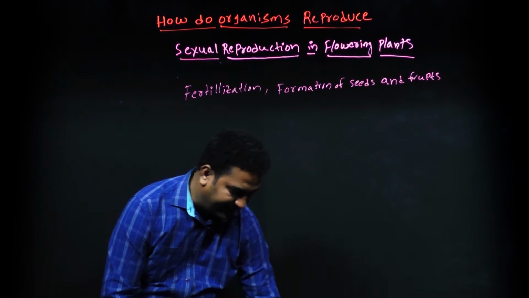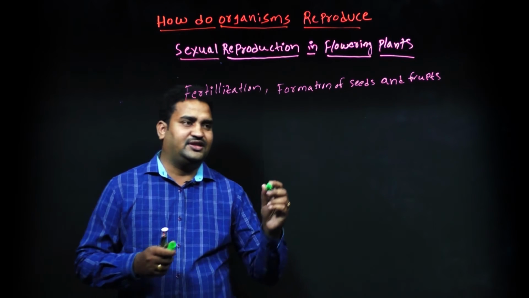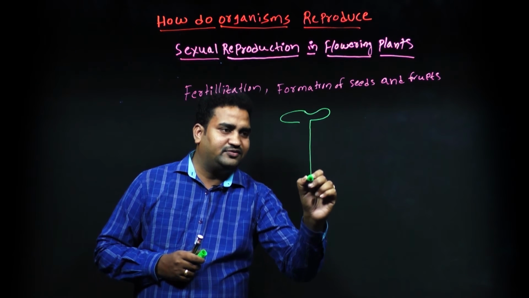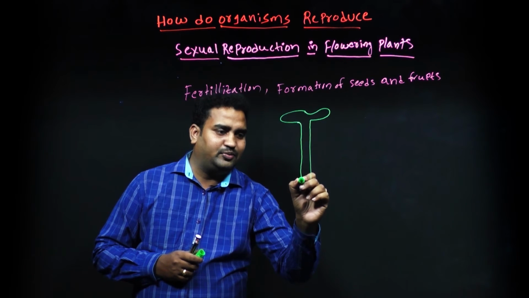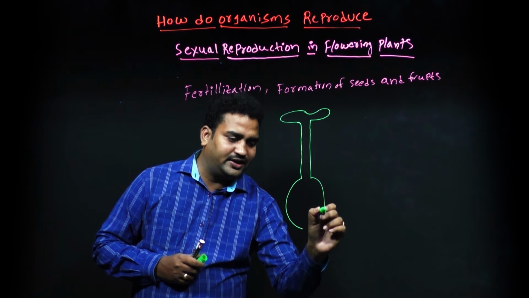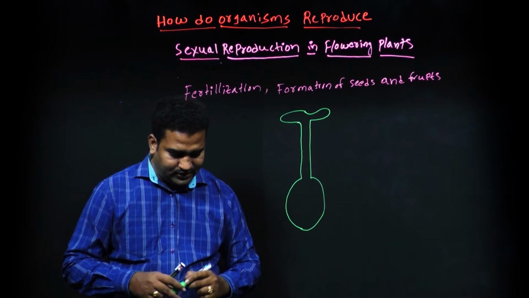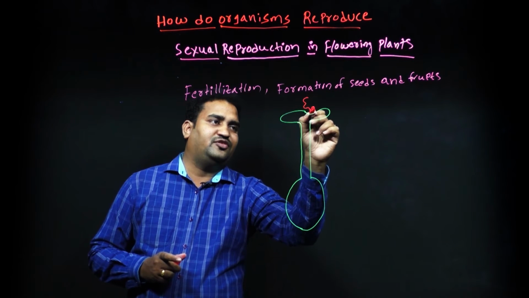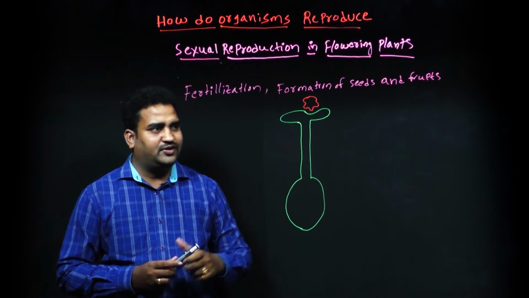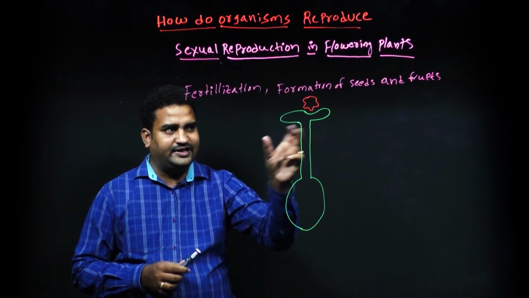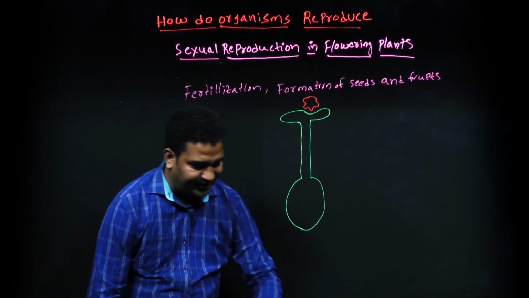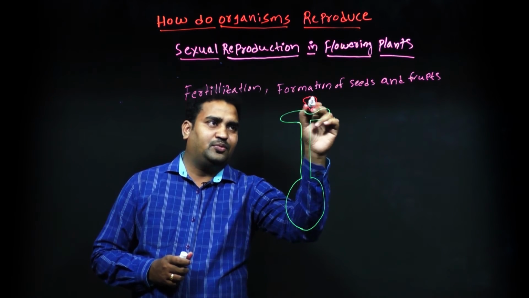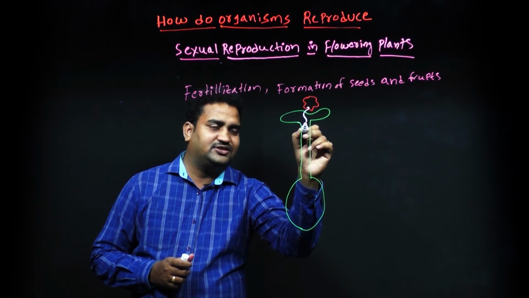So when the right type of pollen grain falls on the right type of stigma, pollen germination occurs. From the pollen grain there is a growth of a tube-like structure.